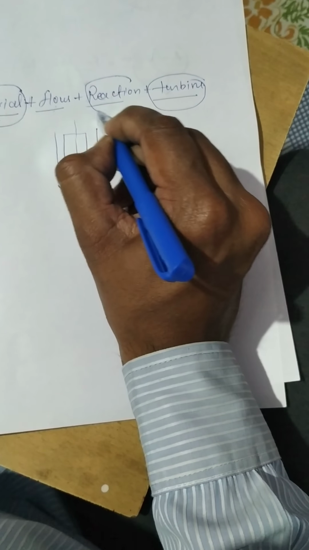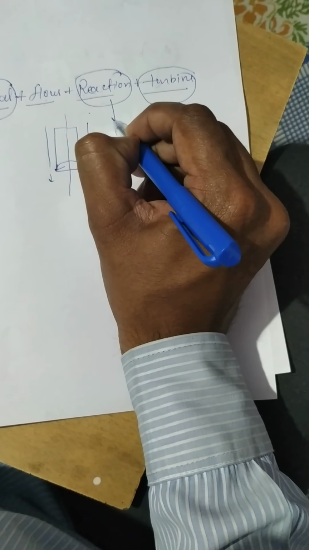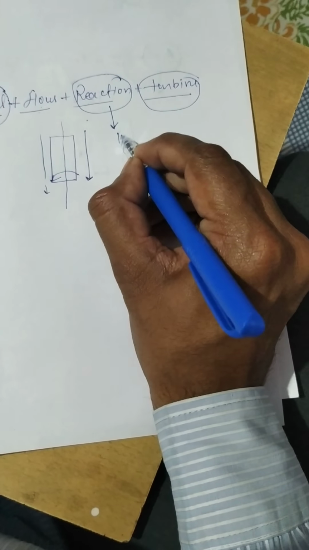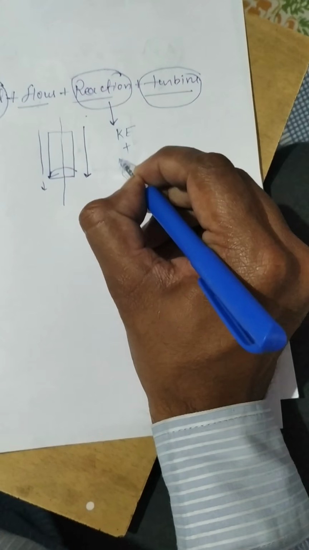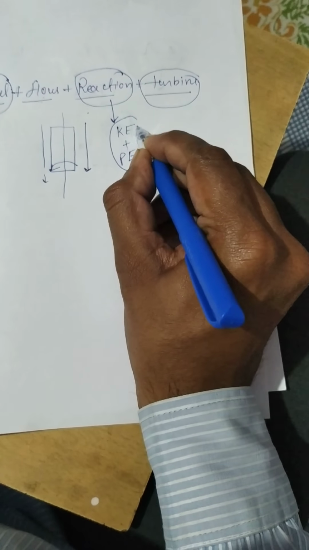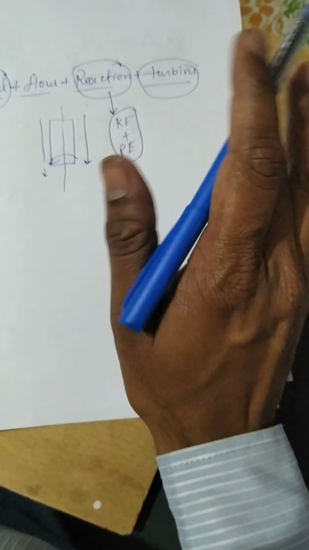And what do you mean by reaction? Reaction turbine means, as we all know, that we have kinetic energy plus pressure energy at the inlet of the turbine. So we are saying reaction turbine.